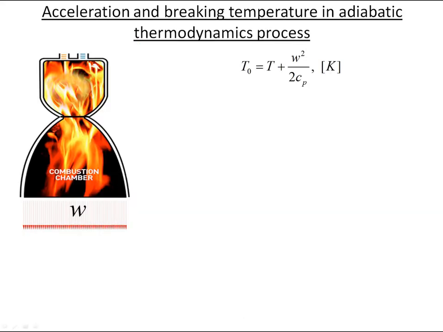To go further, we need two very useful equations used in ideal gas thermodynamics. That is the Mayer equation, where C index V is the specific heat constant in the isochoric thermodynamic process, and capital R is the universal gas constant.